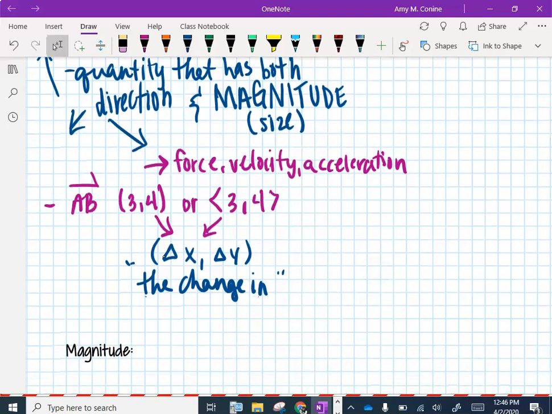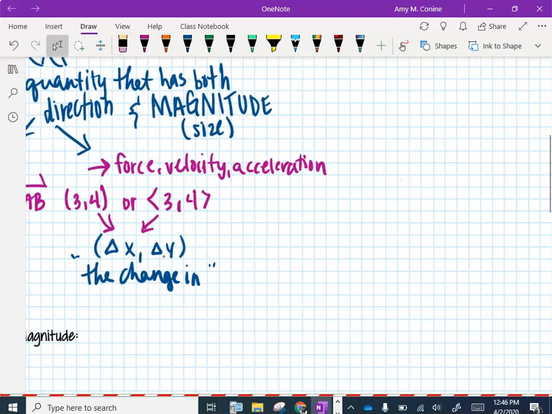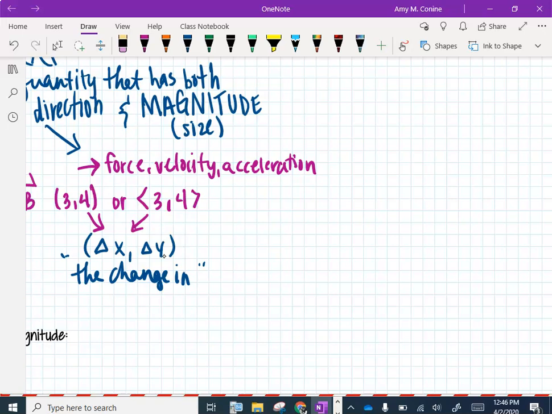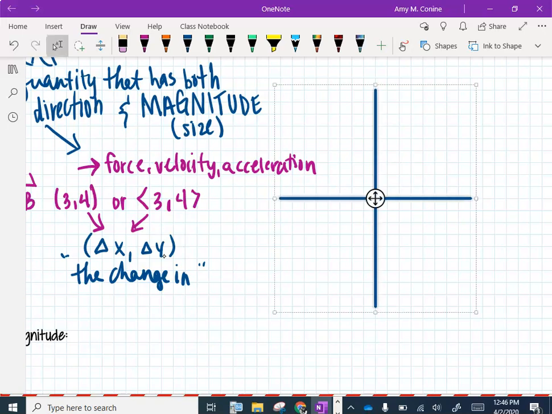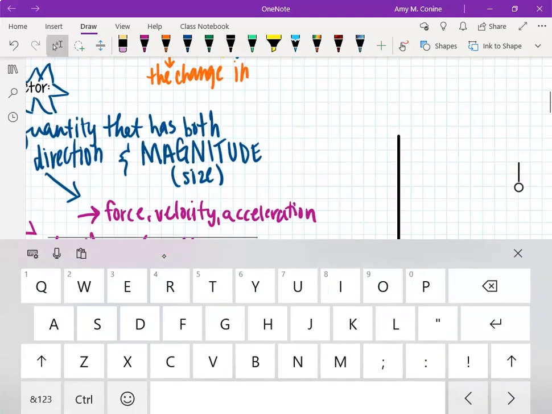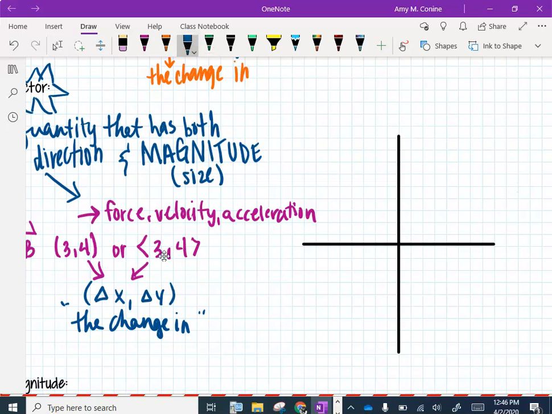So if I were to graph this for you, just so you can see what it looks like, we have a coordinate plane. If I had vector AB, and let's say vector AB was <2, 3>. I can start anywhere. I'm going to start at 0, 0.